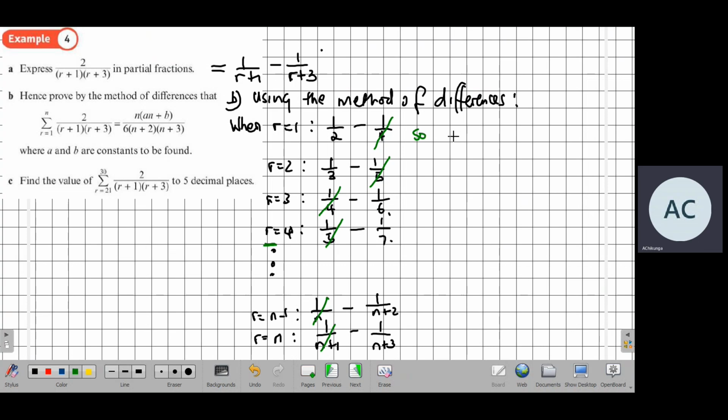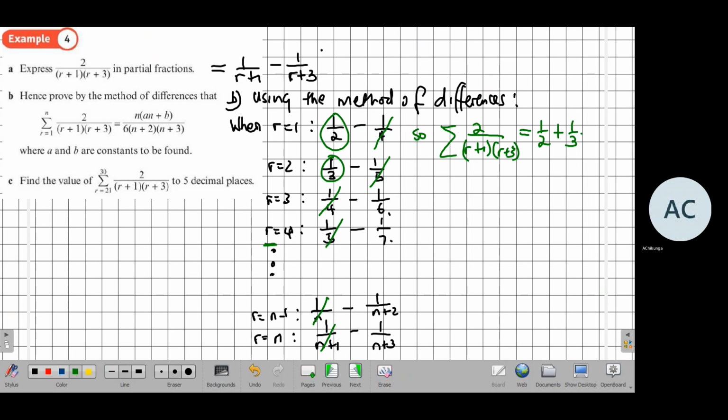So that means the sum of 2 over (r plus 1)(r plus 3) is equivalent to 1 over 2 plus 1 over 3 minus 1 over n plus 2 minus 1 over n plus 3.